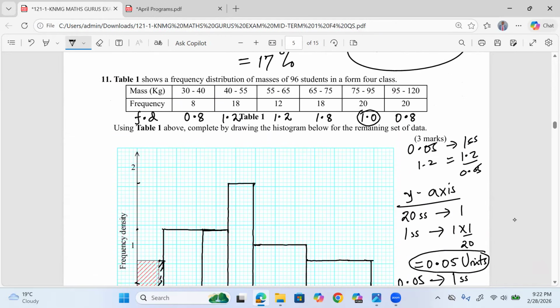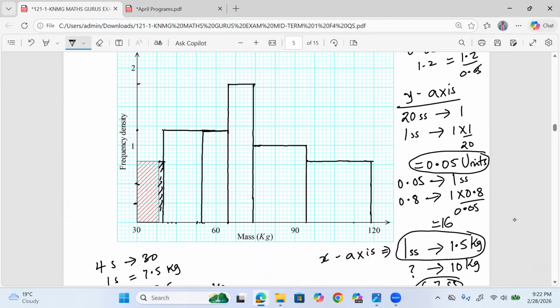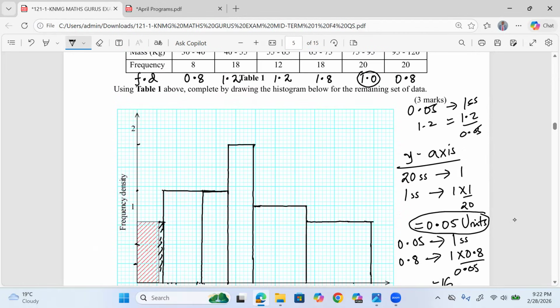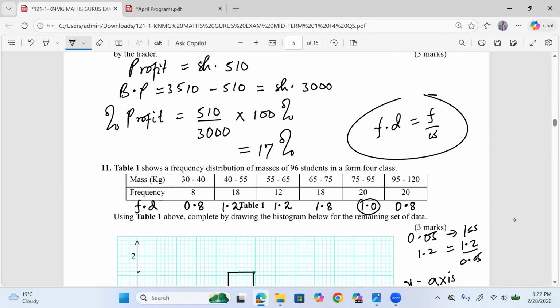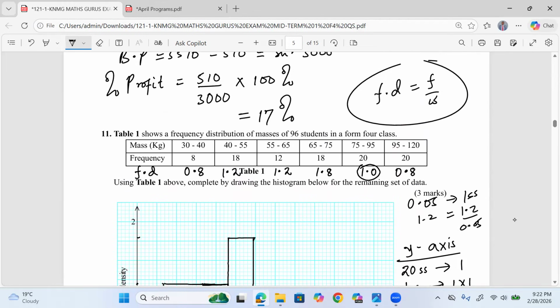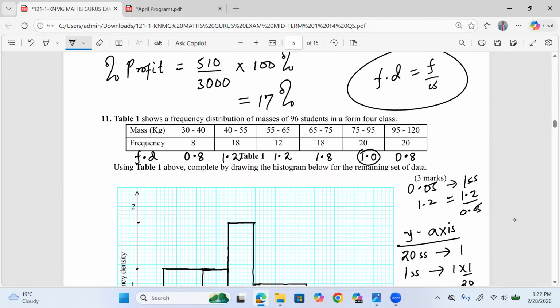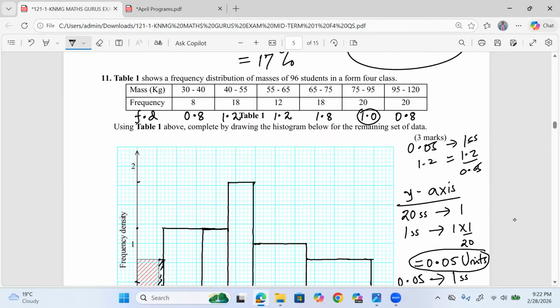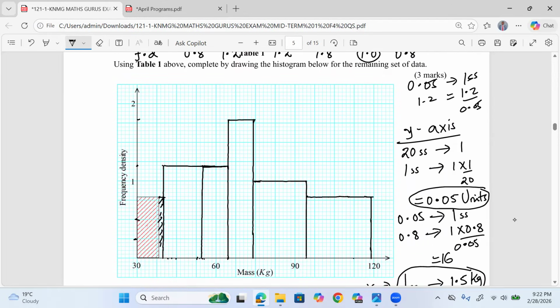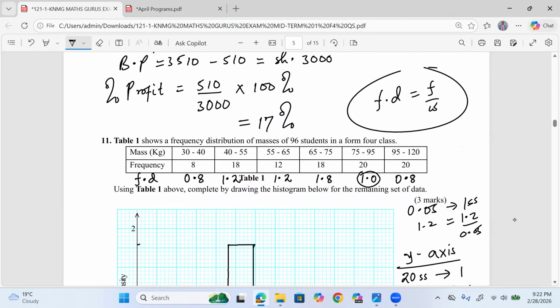Then you plot frequency density against the class boundaries. When the intervals are uniform, like 10, 10, 10 throughout, you just plot the frequency the way it is against the class boundaries. Frequency on the vertical axis, class boundaries on the horizontal.